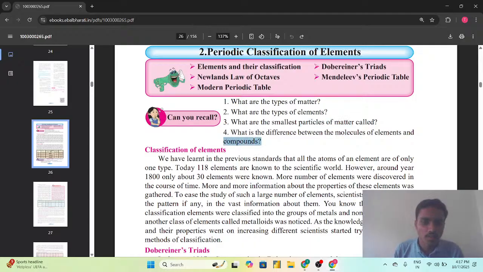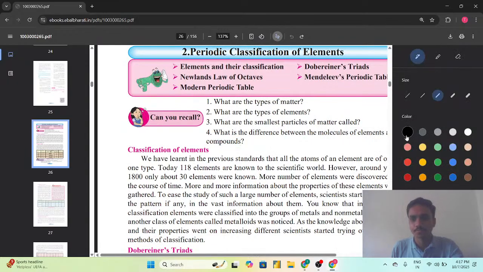So what is a compound? As we have studied about elements, compounds and mixtures, when two or more substances combine chemically in a fixed proportion, a compound is formed. This is the definition which we have studied in the lower classes. Here the main focus should be on the fixed proportion part.